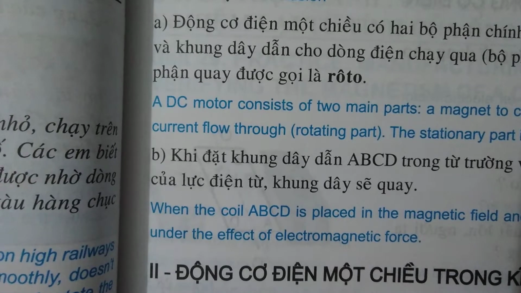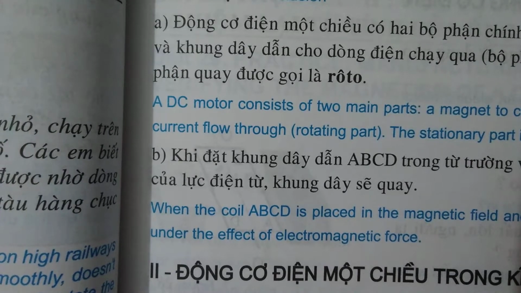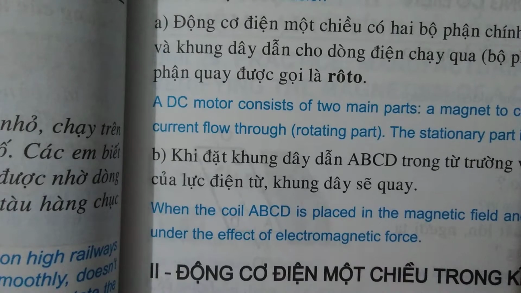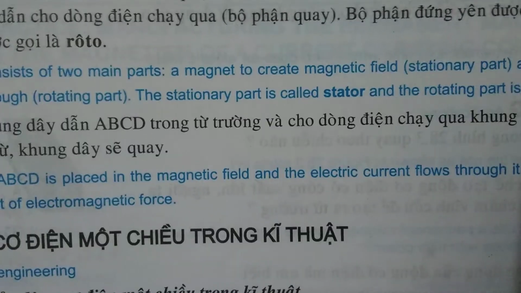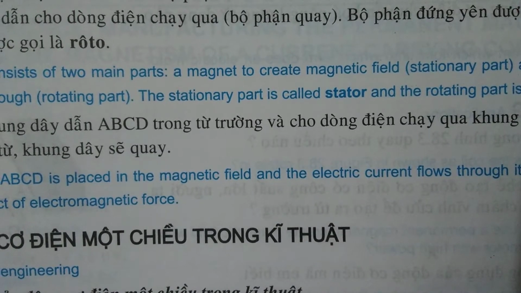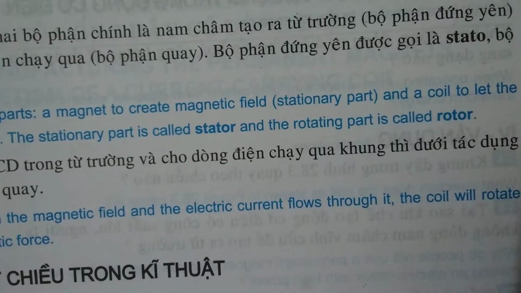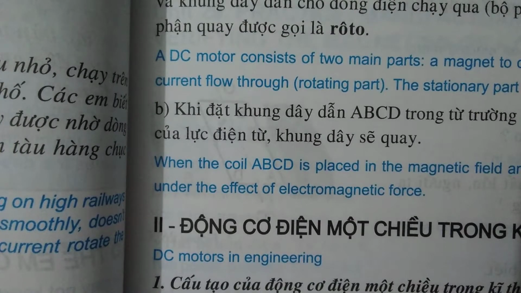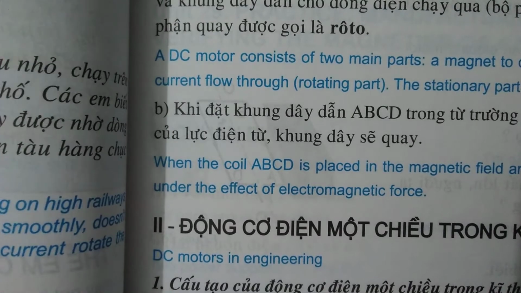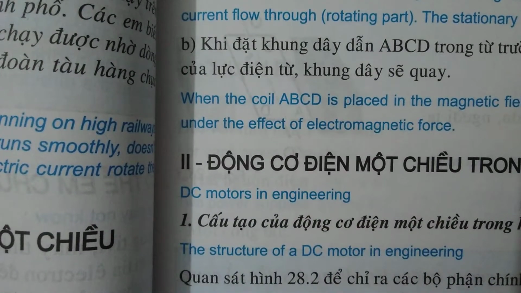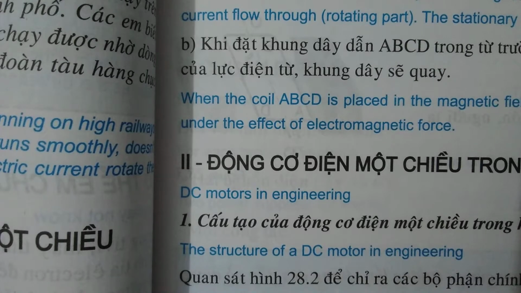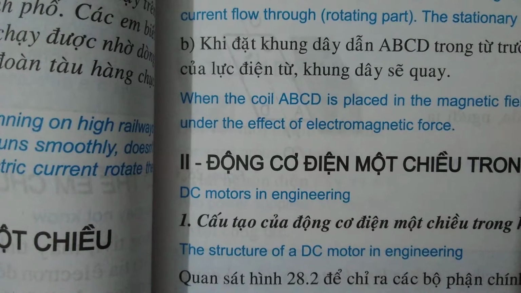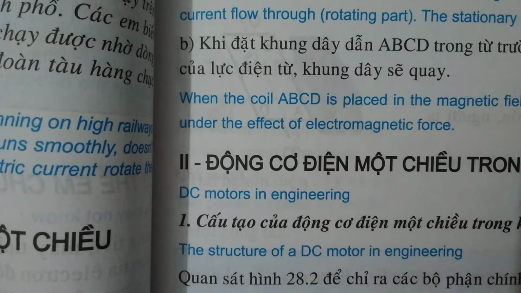When the coil ABCD is placed in the magnetic field and the electric current flows through it, the coil will rotate under the effect of electromagnetic force. DC motors in engineering. The structure of a DC motor in engineering.